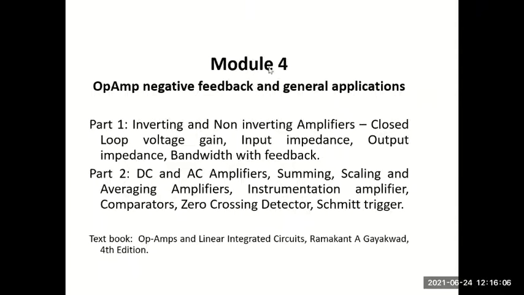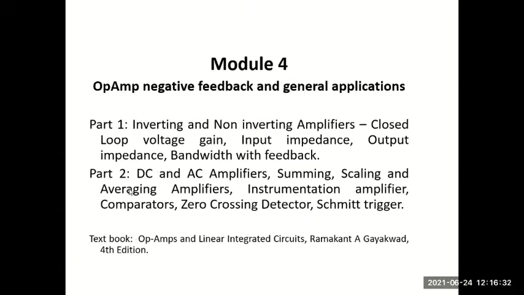Last class we started our discussion about module 4. I told you module 4 and 5 involve op-amp basics, the basic three configurations, inverting, non-inverting and voltage follower, and later on some applications of op-amp. Some of the applications are there in module 4, some applications are there in module 5.